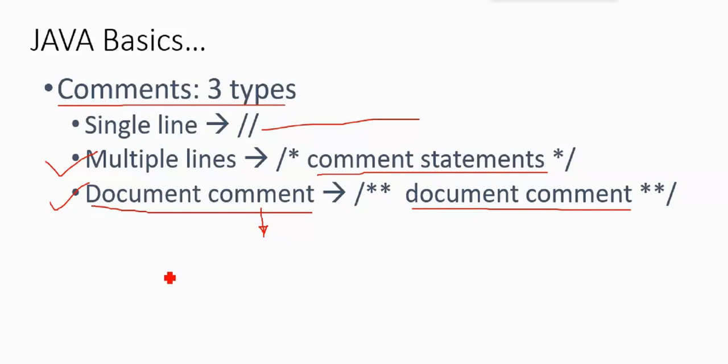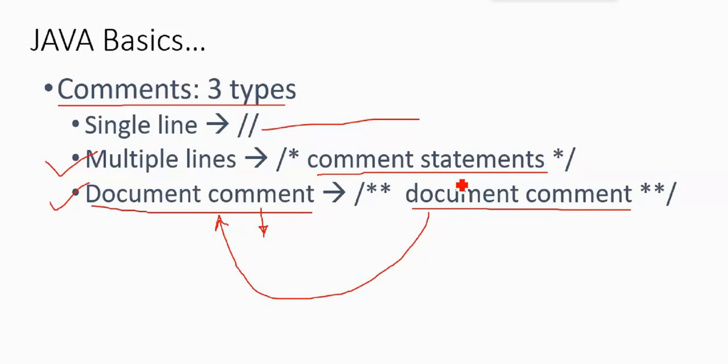And once you give the source program to one more tool, what we call Javadoc, there is a Javadoc tool. If you give your source program to Javadoc, it will create a document file for reference. Automatically it creates the document file using this doc comment.